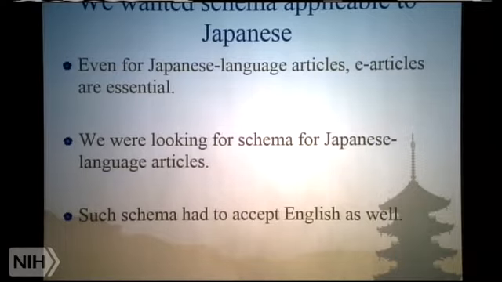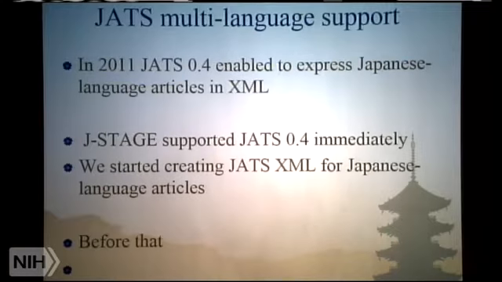We were looking for a schema for Japanese language articles. Such a schema had to accept English as well as Japanese, because in Japanese STM articles, English descriptions are needed as well as Japanese ones. In 2011, JATS 0.4 enabled the expression of Japanese language articles in XML, and J-Stage supported JATS 0.4 immediately.